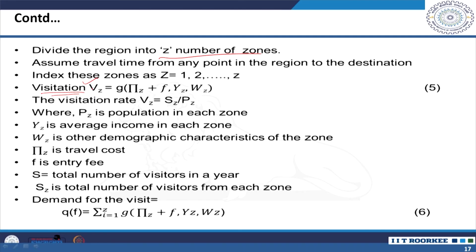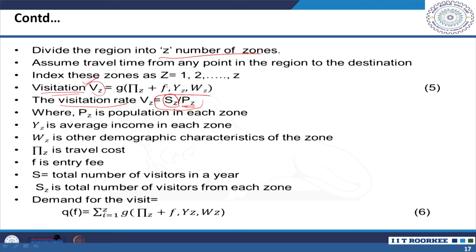So, the visitation rates will be influenced by certain variables. We can find them out by dividing the number of visitors, that is Vz, by the population in each of the zones. By doing this exercise, we can find out the visitation rate from each of the zones.